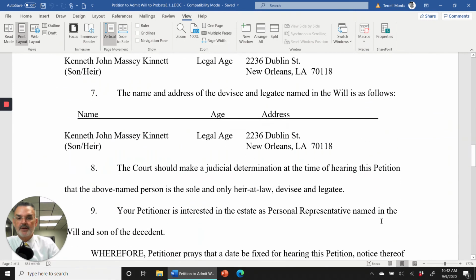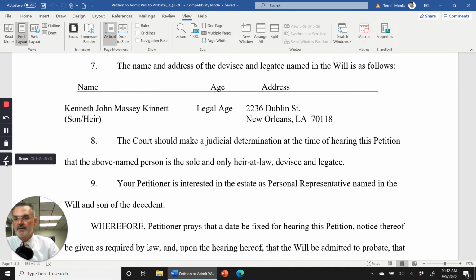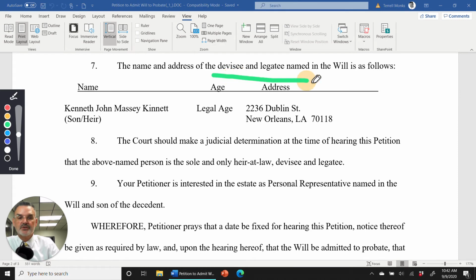Next, you're going to identify the people who are entitled to receive under the will. These are the devisees and legatees, and they are identified here. So, under the will, Kenneth John Massey Kinnett is the person entitled to receive under the last will and testament that was submitted here.